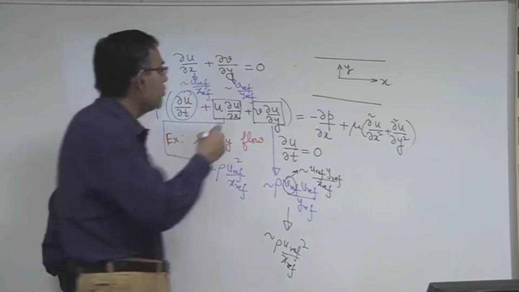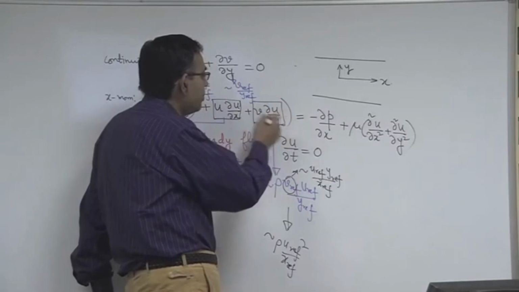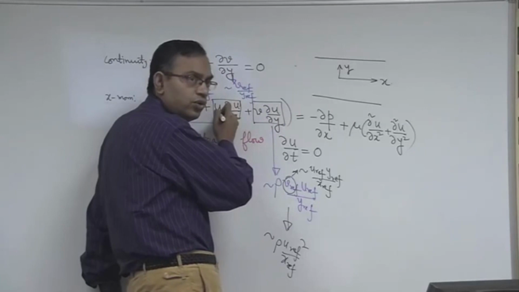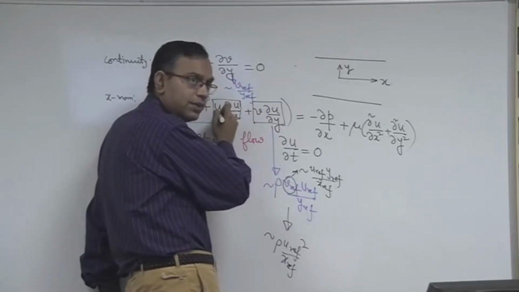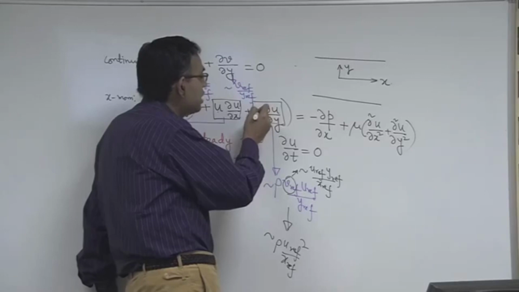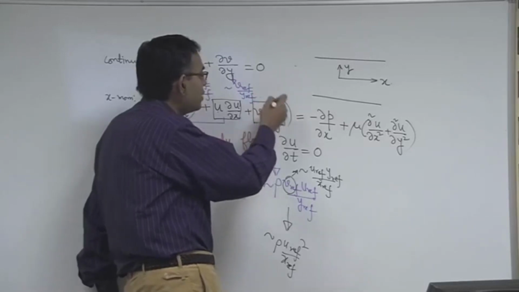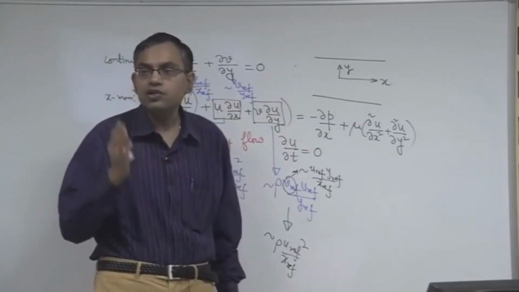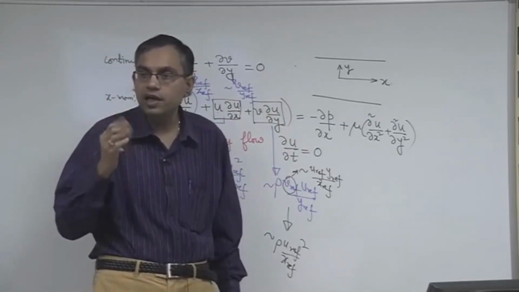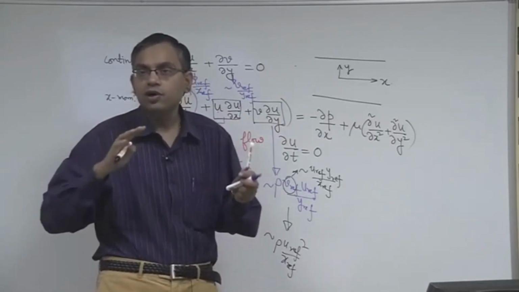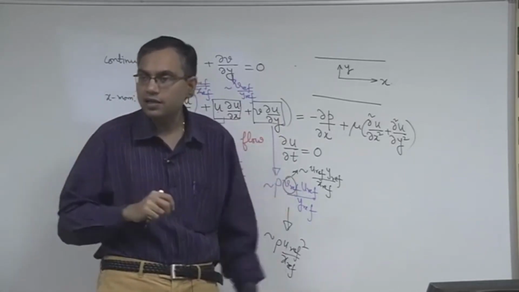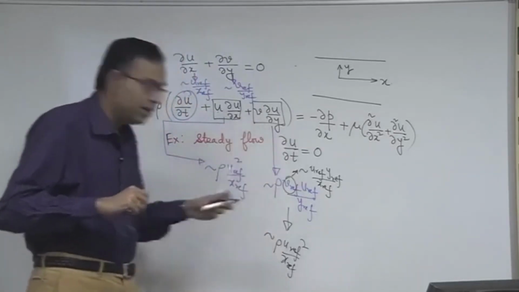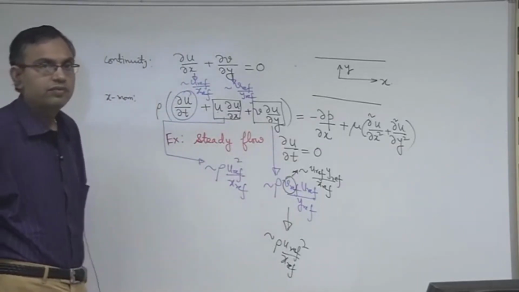Despite that, v del u del y is of comparable order as that of u del u del x, because although v is much less than u if y reference is much less than x reference, still del u del y may be much greater than del u del x. The gradient in the y direction is likely to be much sharper or steeper as compared to the gradient in the x direction. That makes up for the fact that v may be much less than u. So, the products u del u del x and v del u del y are coming out to be of comparable order.